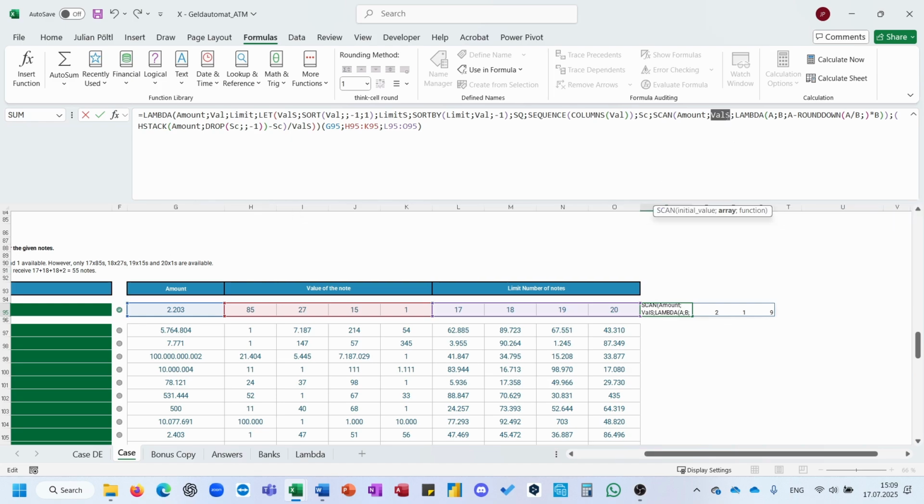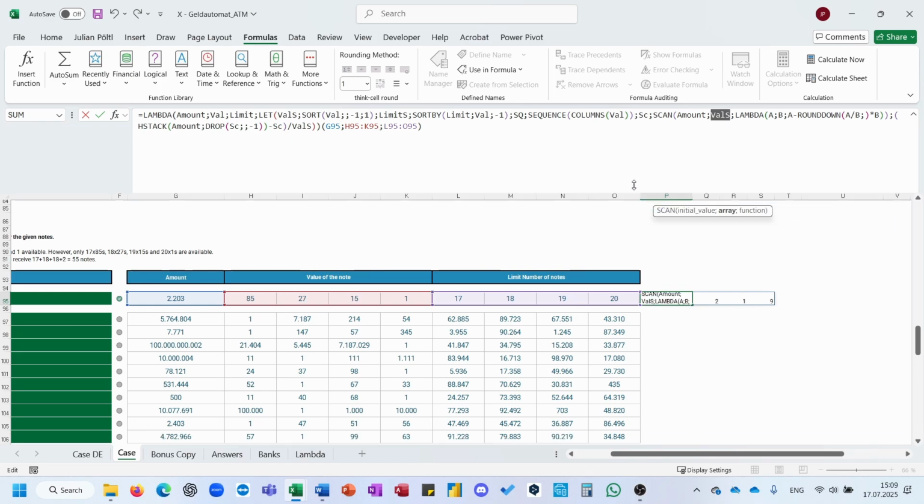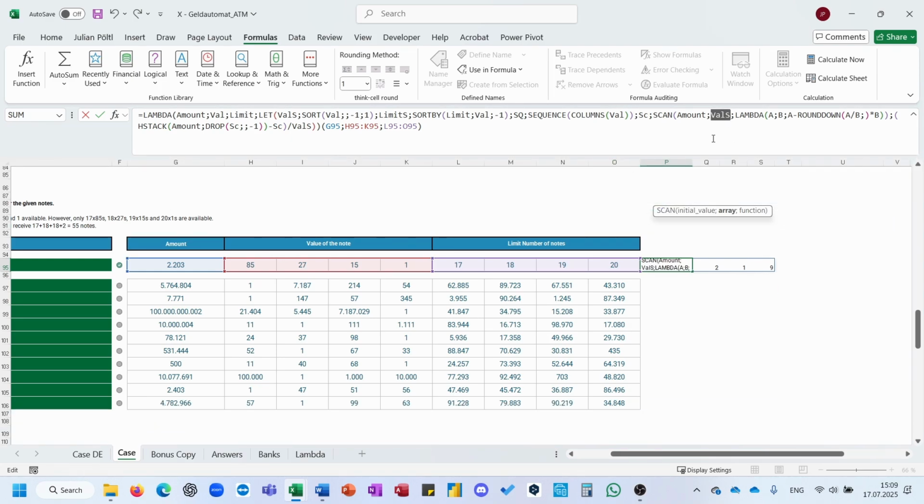And now instead of val s, I'm using SQ. And now my B is SQ, so 1, 2, 3, 4.